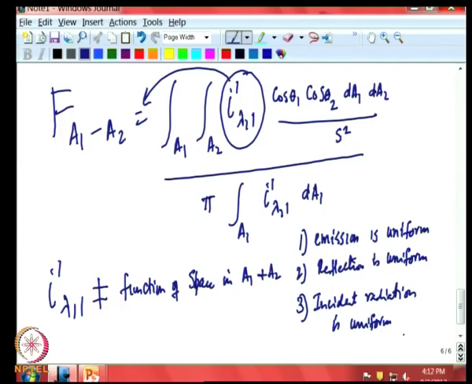Only then can you guarantee that this quantity is independent of angle and space, and you can take it out of the integration, and then you have a simple expression.